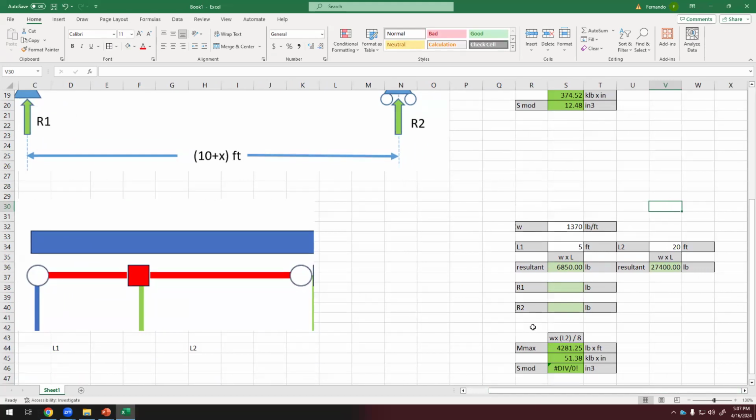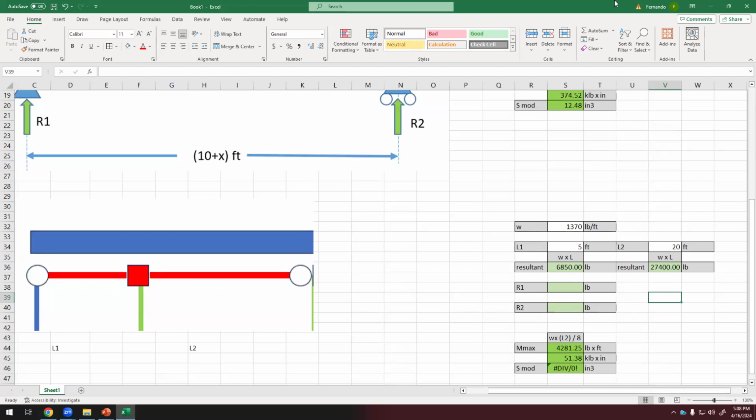And finally, we have this load, and this load is at this point. It's the load times this length. Okay, so those are the uniformly distributed loads.